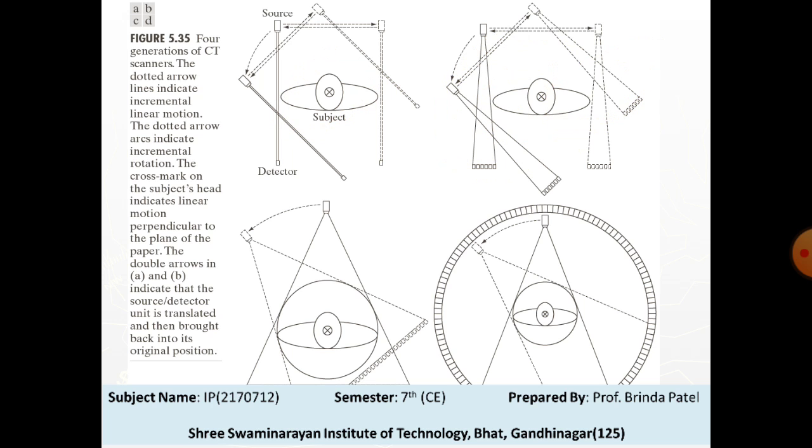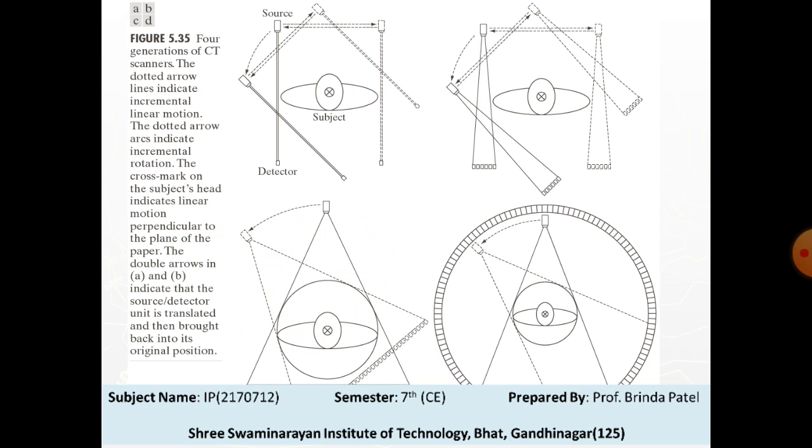This allows the use of multiple detectors, thus requiring fewer translations of the source or detector pair. The third generation scanners are a significant improvement over the earliest two generations, G1 and G2, of CT geometries. As in figure C, G3 scanners employ a bank of detectors long enough to cover the entire field of view of a wider beam.